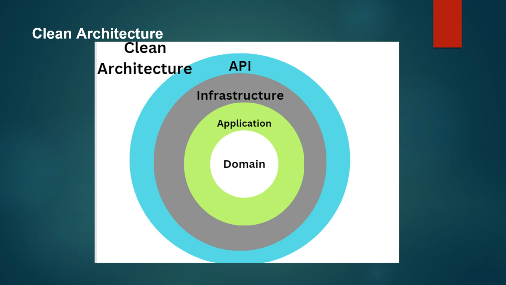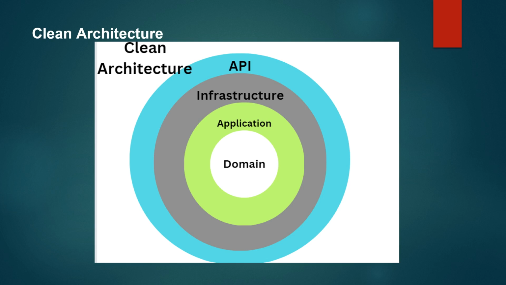For example, if the application layer needs to access the notification service or the database, the interface would be added in the application layer, and the implementation would be created in the infrastructure layer. So the interface will be part of the application layer, but the definition would be part of the infrastructure layer. I will show you an example also.